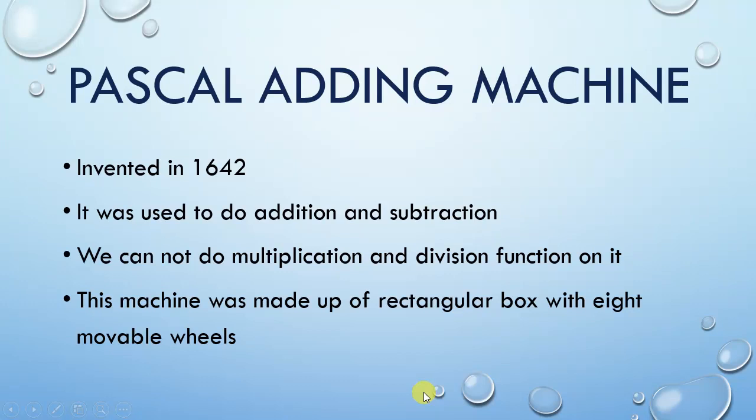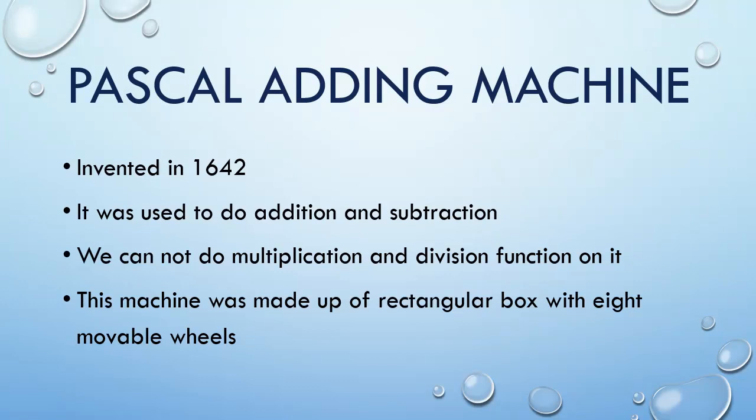Pascal's adding machine was invented in 1642, when Blaise Pascal, a French scientist, invented an adding machine called Pascal calculator. It was used to do addition and subtraction.